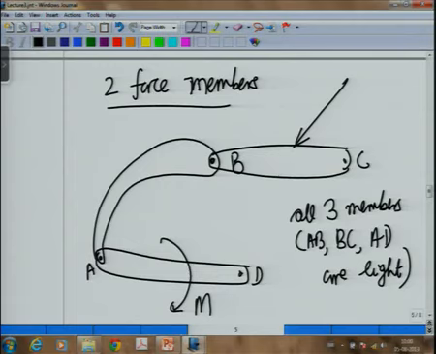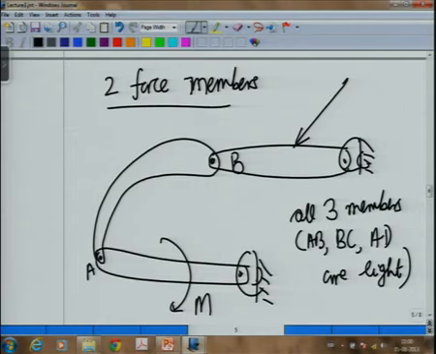Okay. So, now when I look at this loading, when I draw the free body diagram of BC, what will I get? In the free body diagram, I have not shown what is happening at C. Let us assume that in this case C is connected to the wall and D is also connected to the wall. So, now when you draw the free body diagram of BC, what will happen at point B?